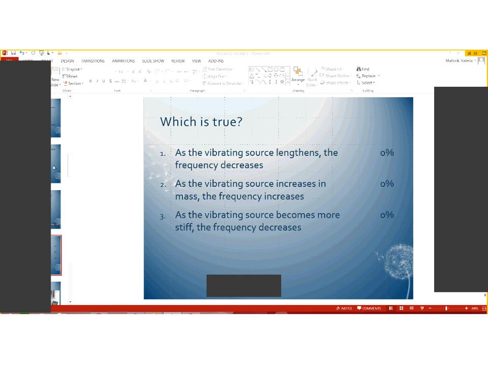Okay, A. Correct. So as the vibrating source lengthens, that upright bass produces a lower frequency sound than a shorter violin. Okay. Questions about that?